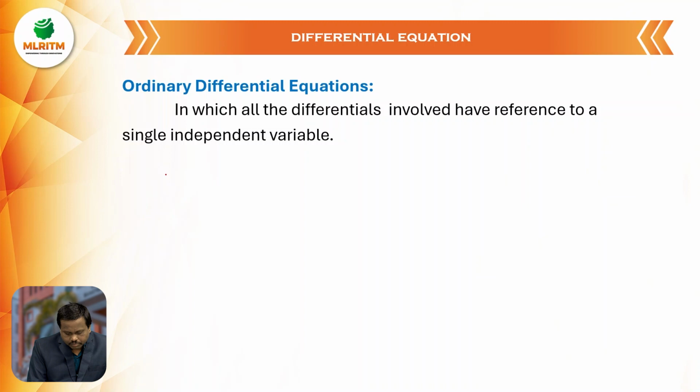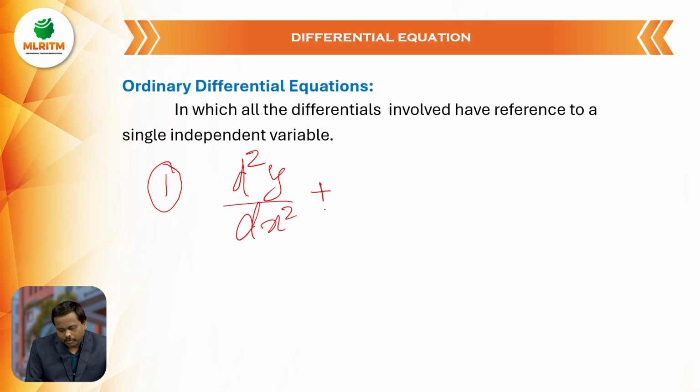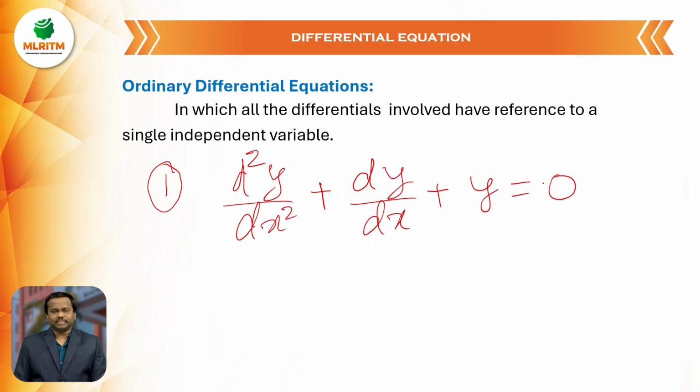Example: d²y/dx² + dy/dx + y = 0. Here y is the dependent variable, as we know already, and x is the independent variable.